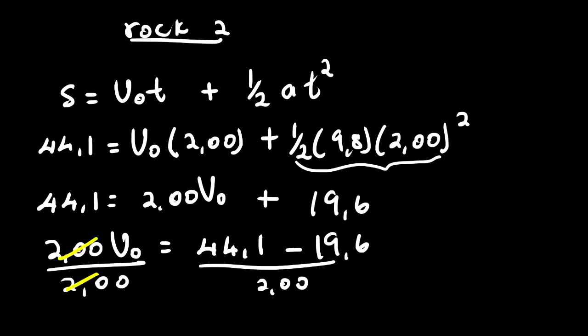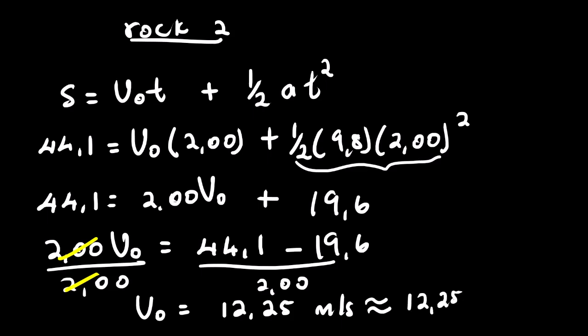Then we can see that this will result into 1 multiplied by V initial, it's V initial. So we have V initial equals 12.25 meters per second. If we round off to 1 decimal place, 12.25 meters per second is 12.3 meters per second.